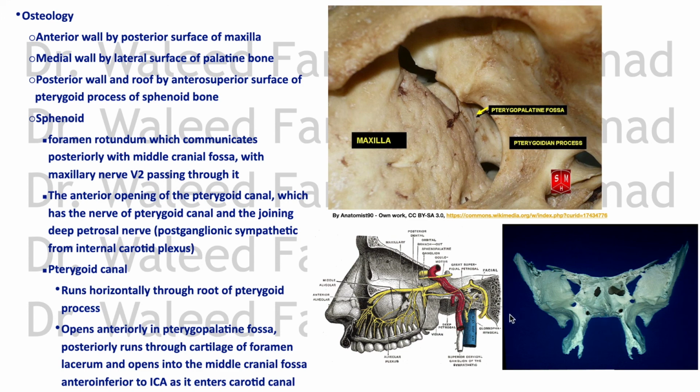The pterygoid canal runs horizontally, as you can see. This is the canal. From the site of entry of the internal carotid artery, it runs forwards in a horizontal canal on the base of the pterygoid processes, actually, and ends up in the back or posterior wall of the pterygopalatine fossa.